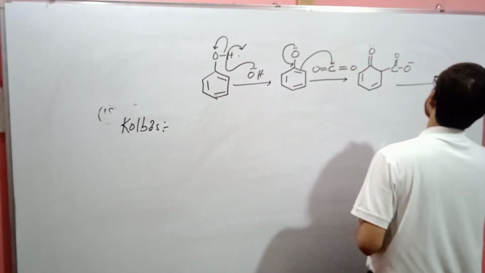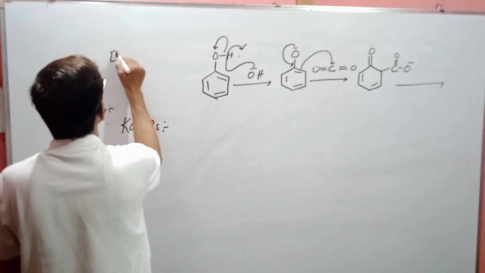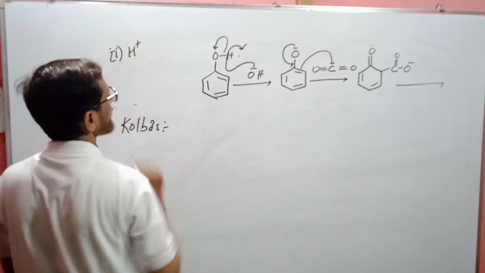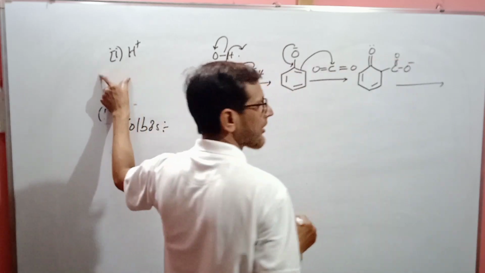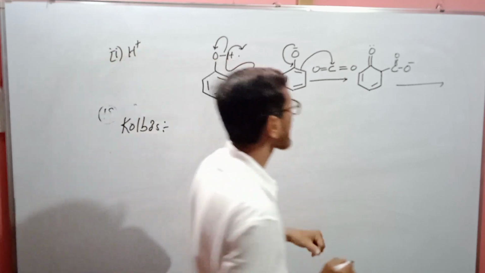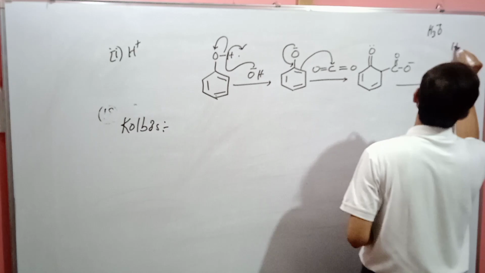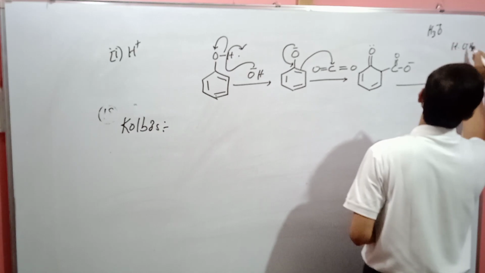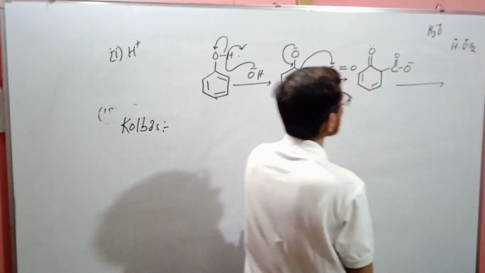Next, after carbon dioxide, in second place we used acid in our scheme of the reaction. When acid is there, water is already there, so water becomes protonated. That is, water will become H3O positive, means HOH2 plus. We can write it in this way. Am I right?